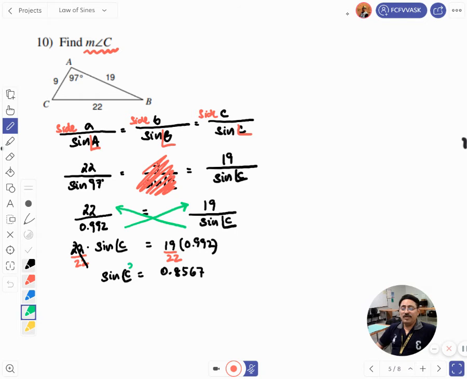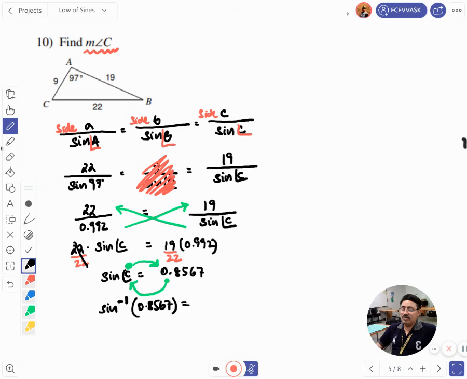Next, to figure out the value of the angle, please swap these values: the variable to the other side and the numbers to this side. Therefore, don't forget to take the inverse.